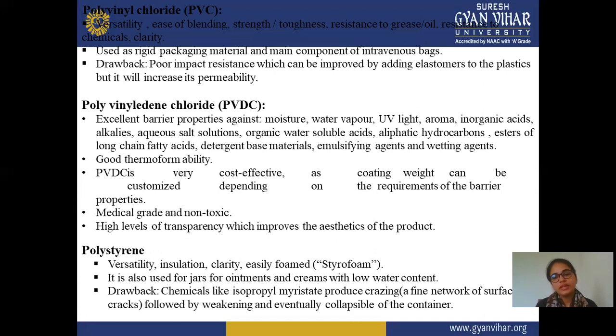Next is medical grade and non-toxic. It is available as medical grade, toxicity is low, and it acts as a non-toxic material. It also has a high level of transparency, which improves the aesthetics of the product.